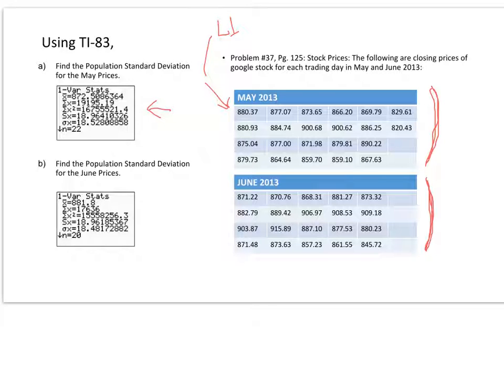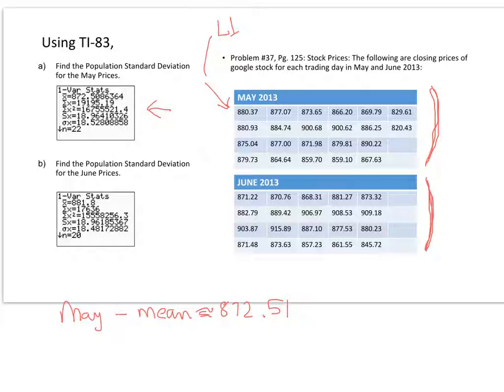You can see that for May, the mean is equal to 872.51 approximately.